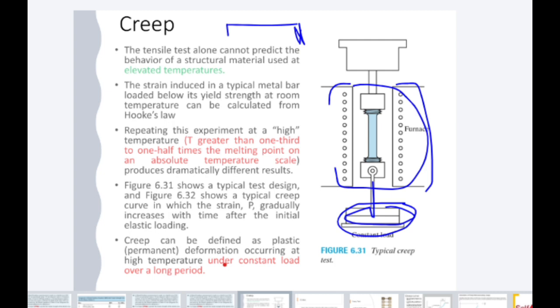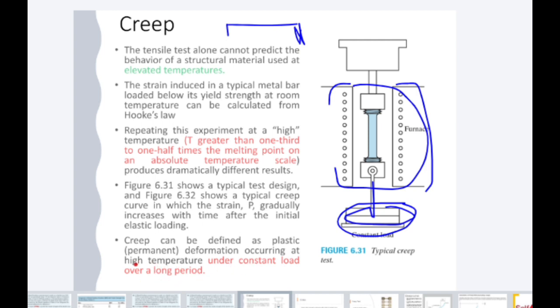But some brilliant minds put both true. I explained this again: constant load, right? Even in the video when I was putting the load on the specimen, I told you that this load will not change. And you watched the video, in the whole video, did I change the load? No. Why did you do those things? Maybe because in the video you are also sleeping, I don't know. But creep can be defined as a plastic permanent deformation. Keep this in mind. I will repeat the same question in the exam, maybe.